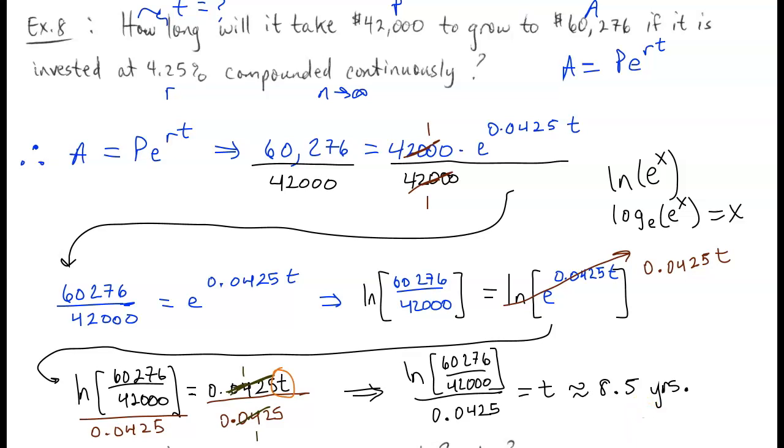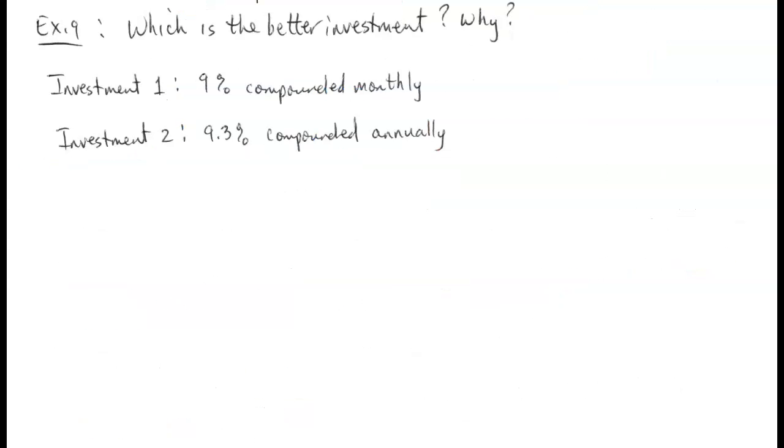All right, so let's move on to our last two examples. For example number 9, we're back to looking at the annual percentage yield or effective interest rate type problem. It's just worded differently. In this example, we're asking, based upon 2 investments that you're given to choose from, which one is a better investment and why.